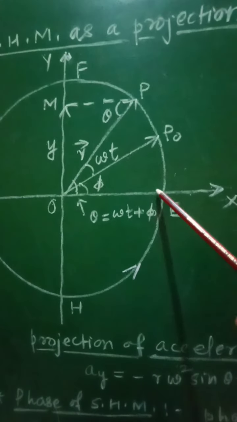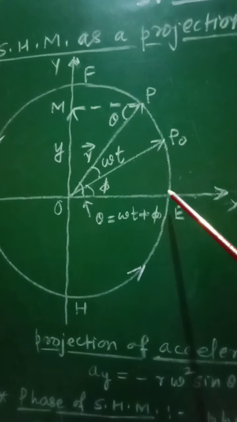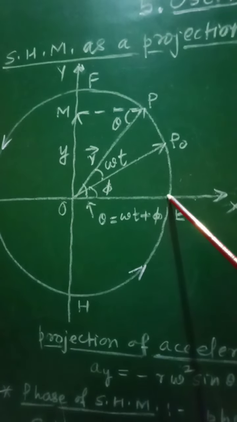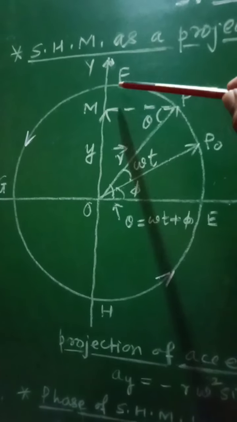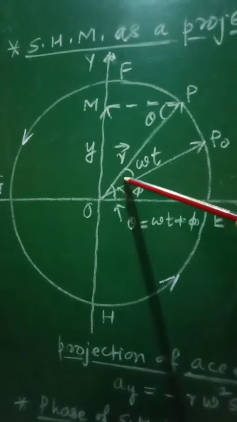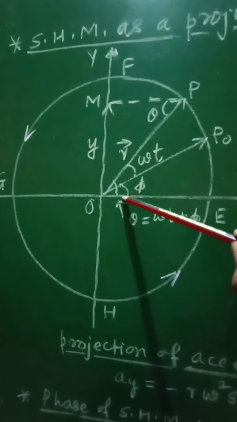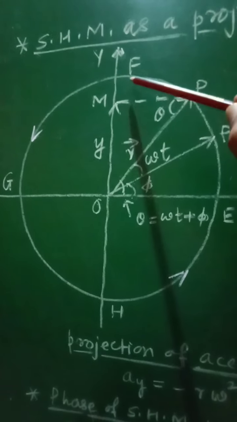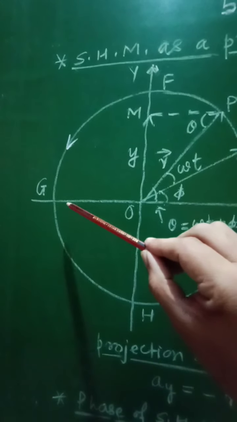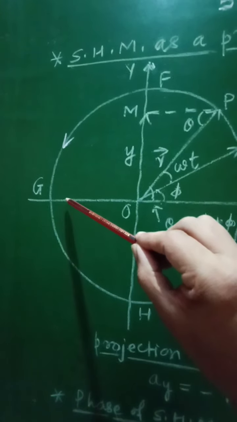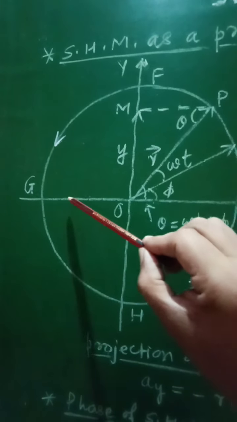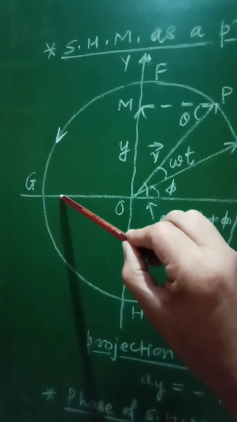Now when it is at point F, at that time theta will be equal to 90 degree or pi by 2 radian. When it is at point G, then angular position will be theta equal to 180 degree or pi radian.